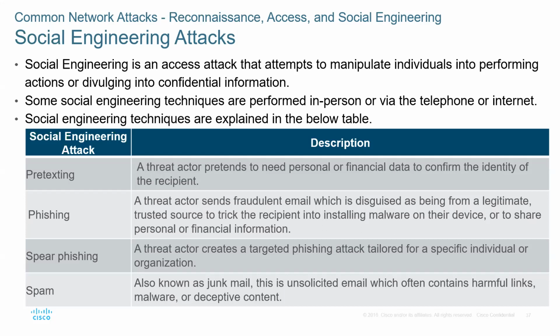They will then use phishing, which is typically a fraudulent email that's disguising itself as being legitimate from a trusted source, and then tricks that recipient into installing malware on their device or just sharing personal or financial information. You have spear phishing, in which they have a targeted phishing attack tailored for a specific individual or organization.